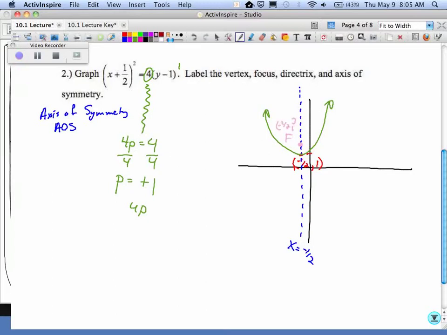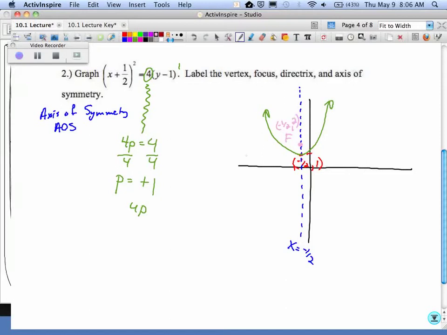Now, you know where the focus is going to be located because that parabola, wherever it is, always wraps around the focus. So even if it's going to the right, it would wrap around it that way. The directrix will be in the opposite direction. So if you went up to the focus, you will come back down to what we call the directrix.